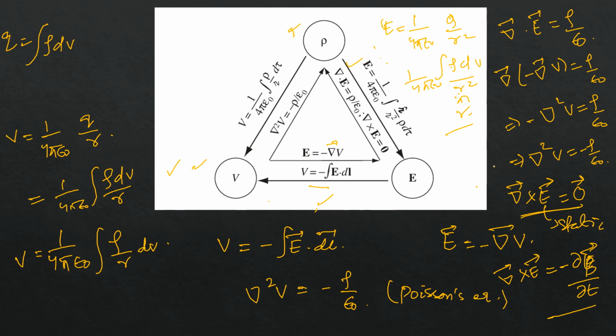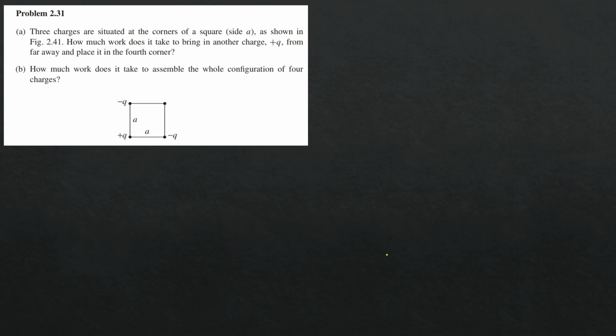Let's jump into questions. Problem 2.31. Three charges are situated at the corners of a square as shown in the figure. How much work is done to bring in another charge plus q from far away and place it in the fourth corner?